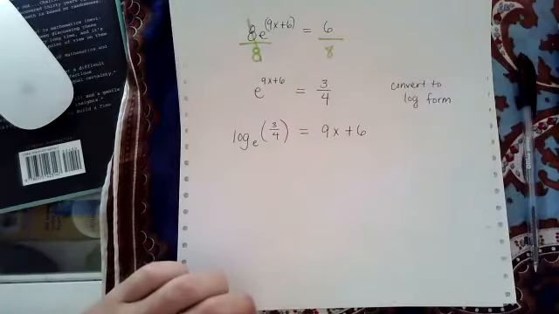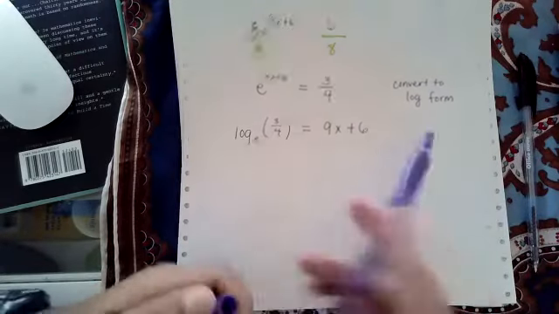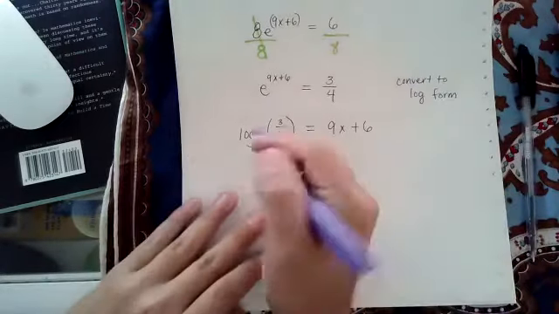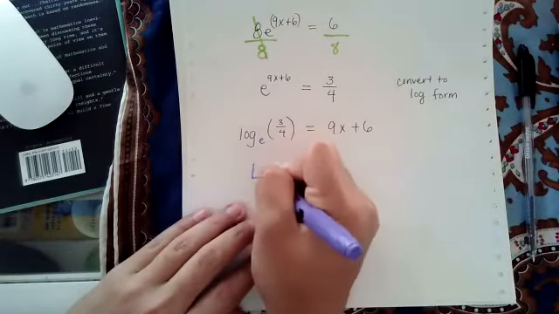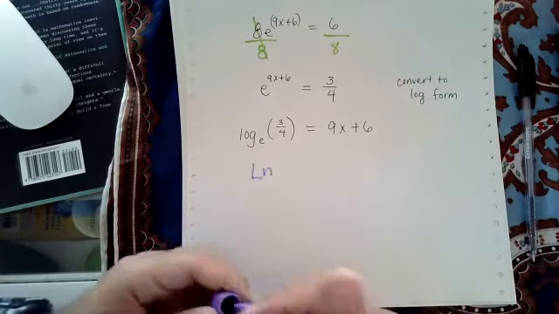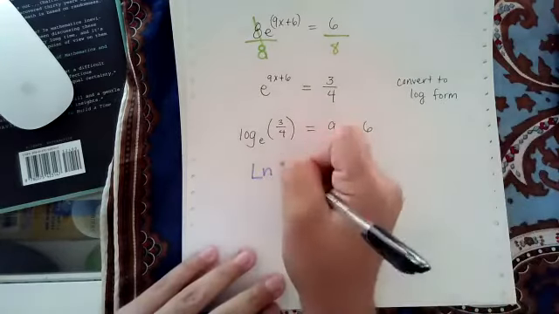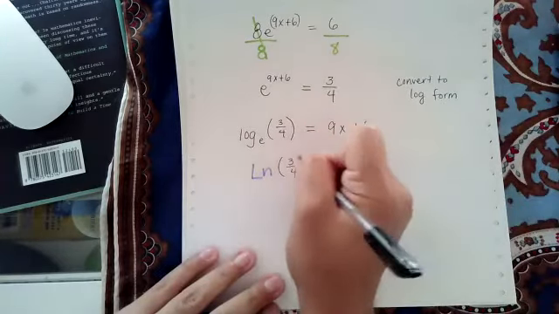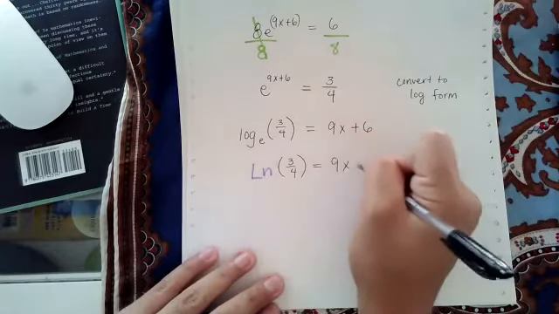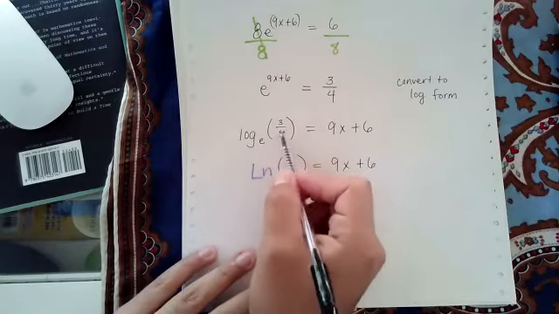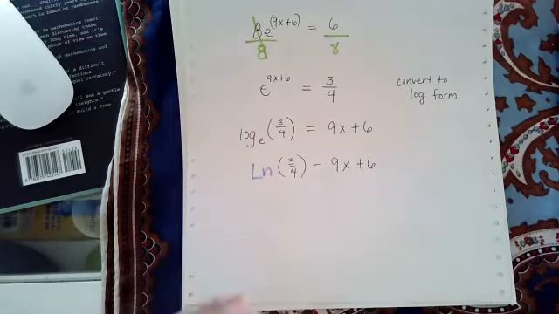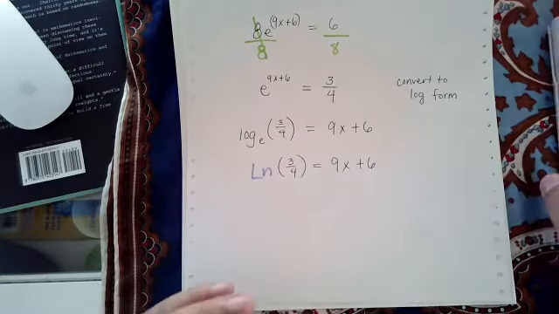Yeah. And then if you recall from a little bit earlier today, I said that if we have log base e, this is the same thing as the ln button in your calculator. So you could do ln of 3/4 is equal to 9x plus 6. Or you could put log base e of 3/4 into your calculator using that log base button. Either way, you'll get the same value.